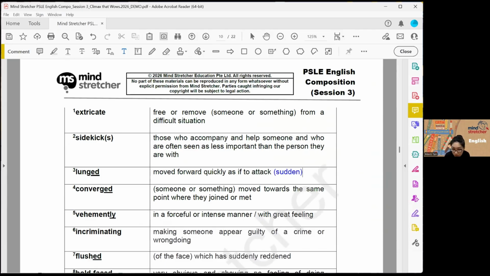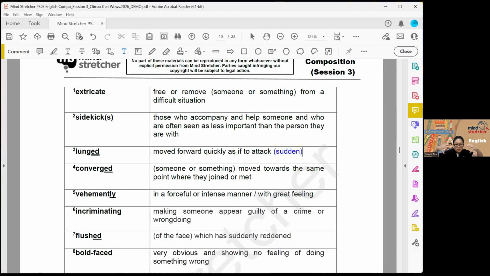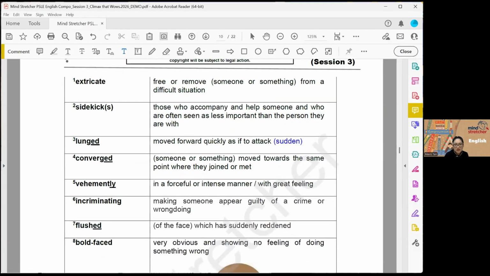Lunge is to move forward suddenly. Converge is to join. Converging, moving towards each other. Vehemently is in a very vigorous way, a lot of energy, very forceful, very intense.